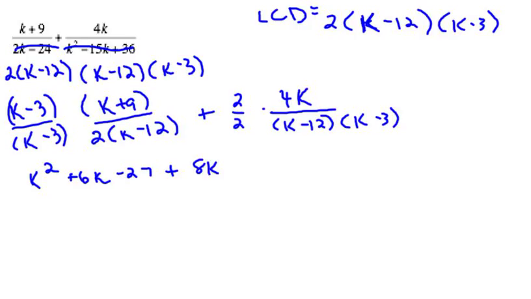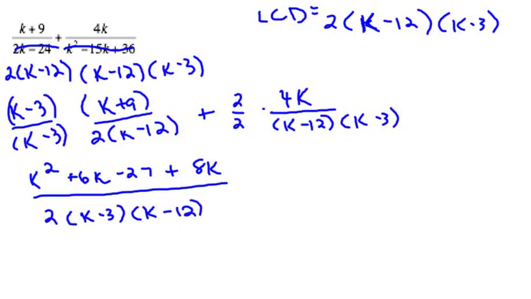So I've multiplied out all my numerators. And my denominator, I have my LCD, which is 2 times k minus 3 times k minus 12. Remember, the order you write those in doesn't matter, except that I like monomials or constant terms to be out in the front, and then binomials to follow that. So now I need to collect my like terms up here.